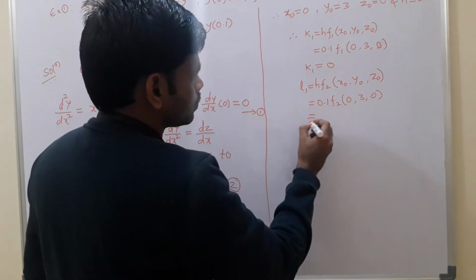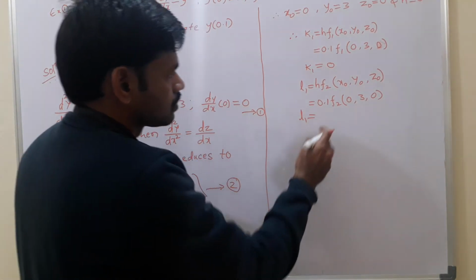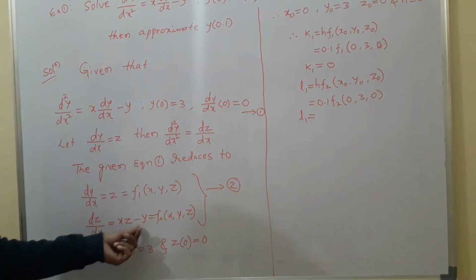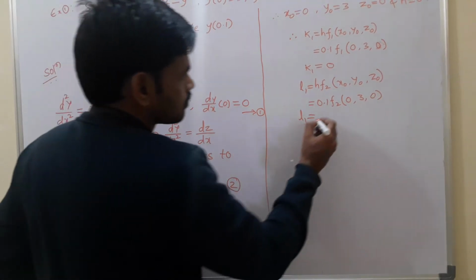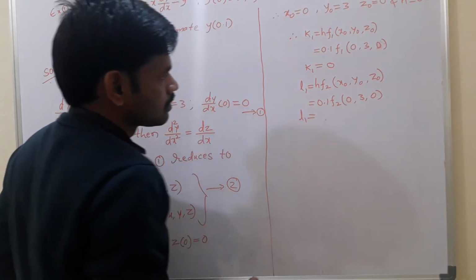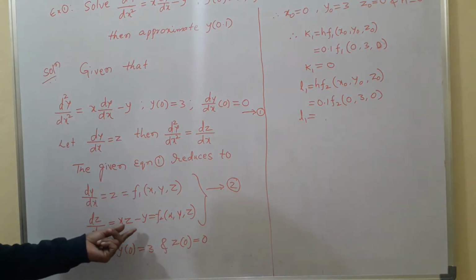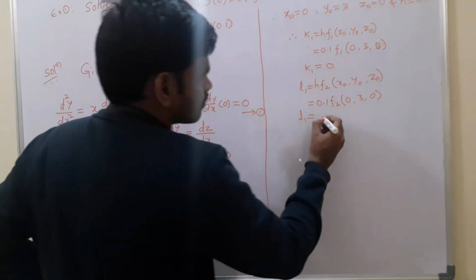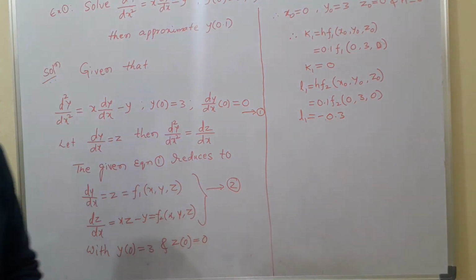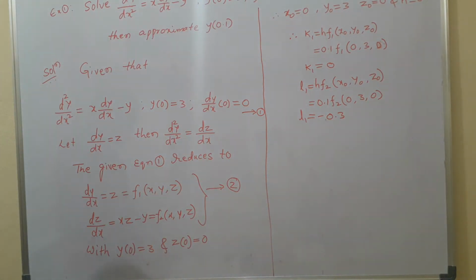So f2, this function xz minus y, with x is 0 and z is 0, gives minus y, we get minus 3, into 0.1, we get minus 0.3. L1 equals minus 0.3.